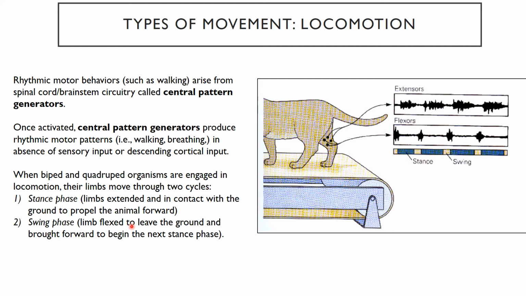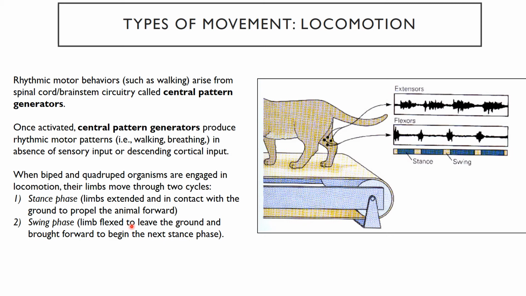Breathing is one, obviously, but another one that many of us are familiar with is walking. This is a repeated pattern, and any kind of rhythmic motor pattern that is generated usually involves what's called a central pattern generator, or a CPG. That's going to be the key word for the rhythmic motor pattern portion of what we're talking about.